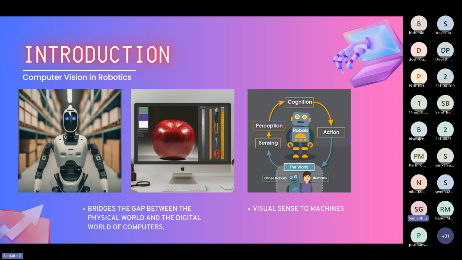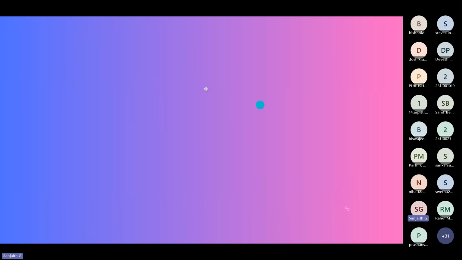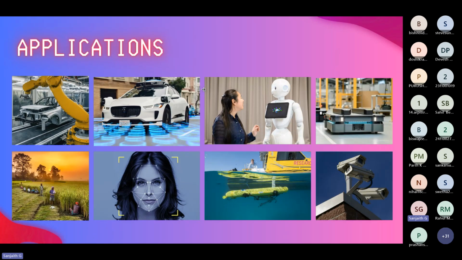For these kinds of applications, computer vision is very useful, especially in industrial applications. In manufacturing industries, instead of humans, robots are more in need nowadays.